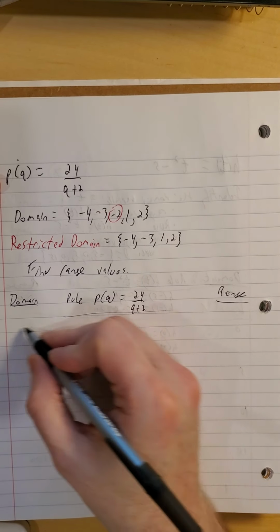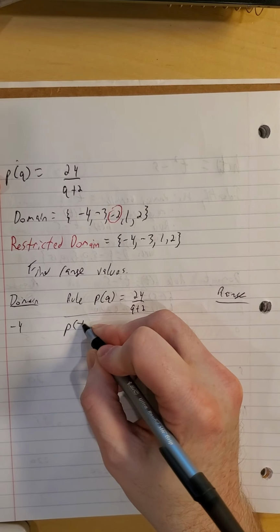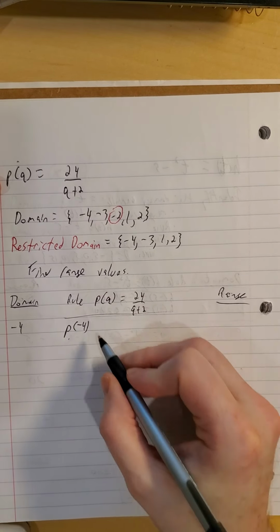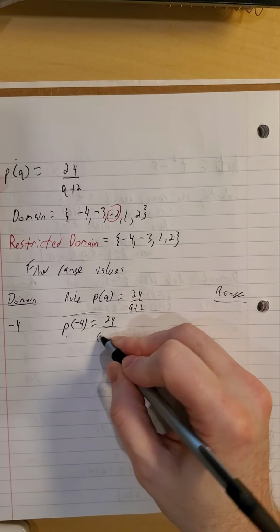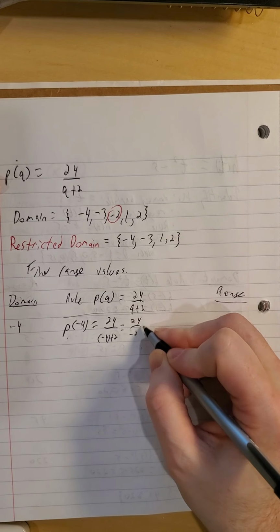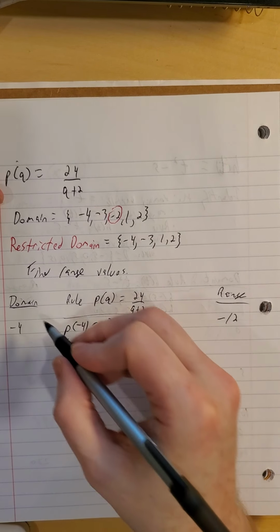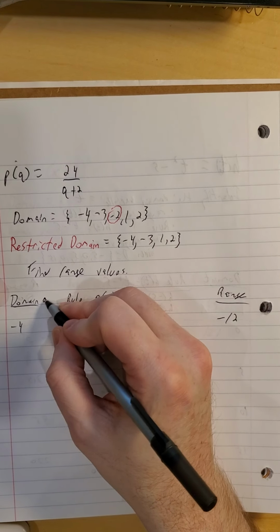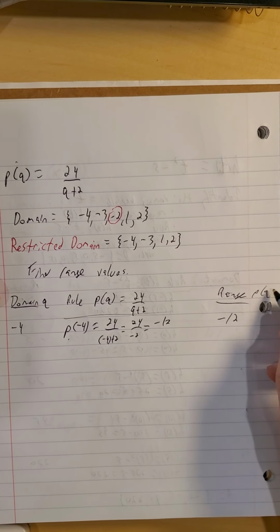So we'll start with our friend, the negative 4 in our restricted domain. So P of negative 4 is the left-hand side. Yes, you do need both sides of an equation. So 24 over negative 4 plus 2 is 24 divided by negative 2, which is negative 12. So a range of negative 12. So our domain variable is Q. Our range variable is P of Q.